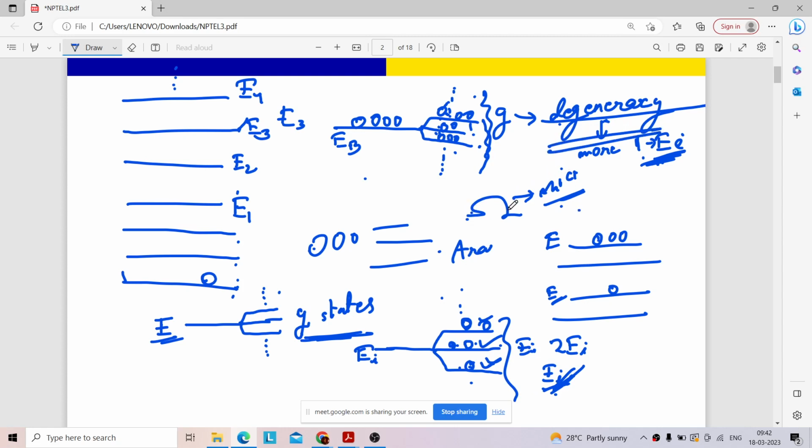So we'll see today, if there are degeneracies in energy levels, how to calculate the total number of ways of arrangement.